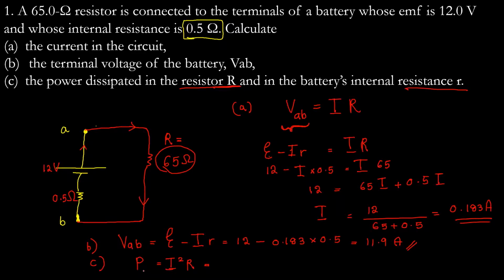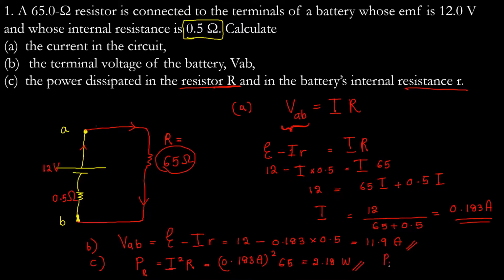So this is the power dissipated through capital R. It is given by I squared times capital R, 65, which is 2.18 watts.